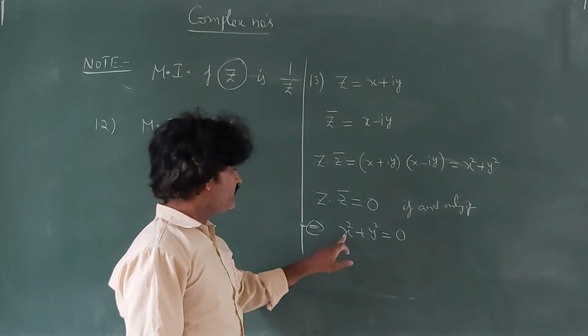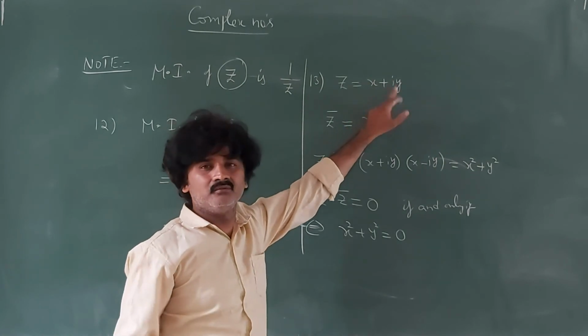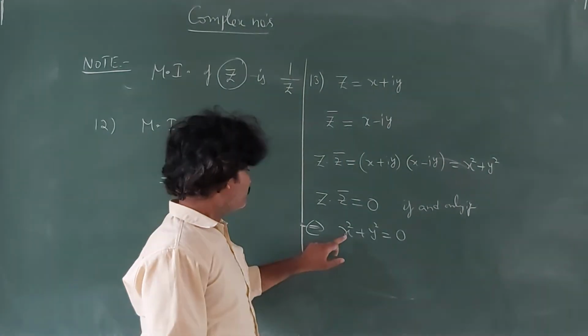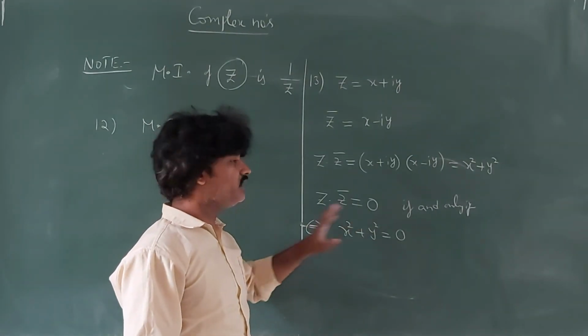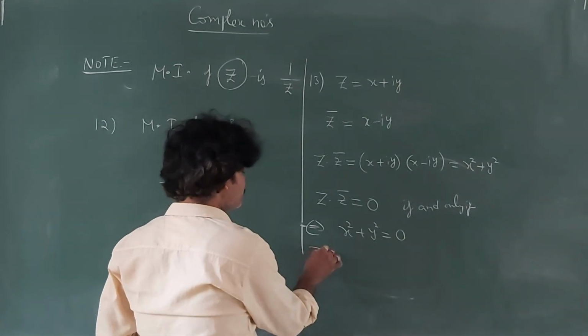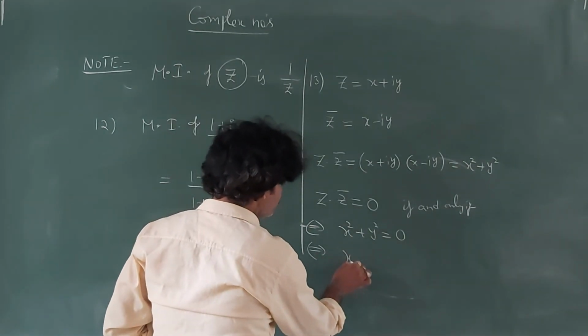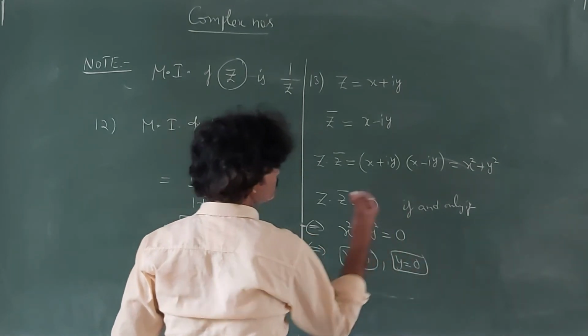Observe, x and y are any two real numbers. Take any real number and square, take any real number and square, add. If you got 0, then what is the possibility? Only possibility is x must be 0 and y must be 0.